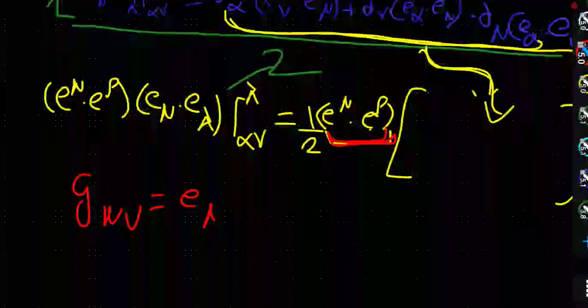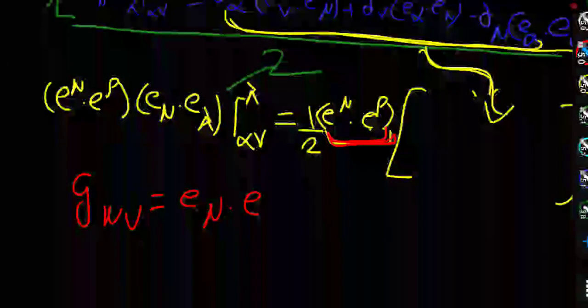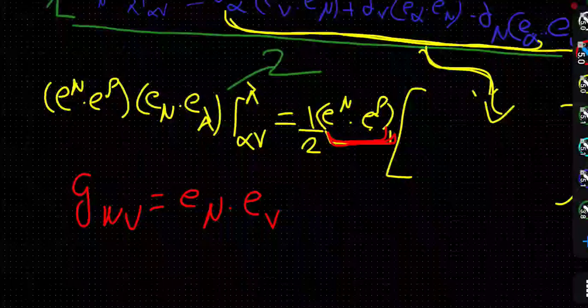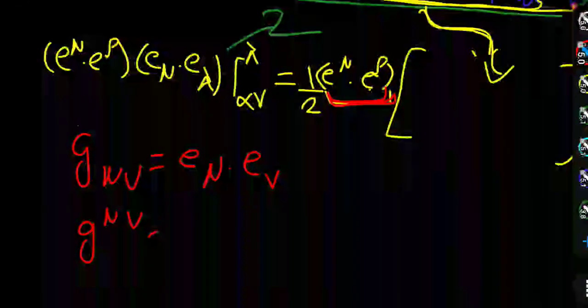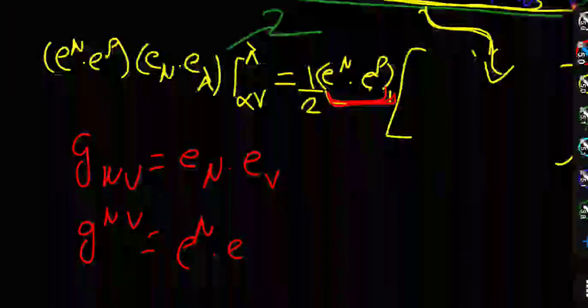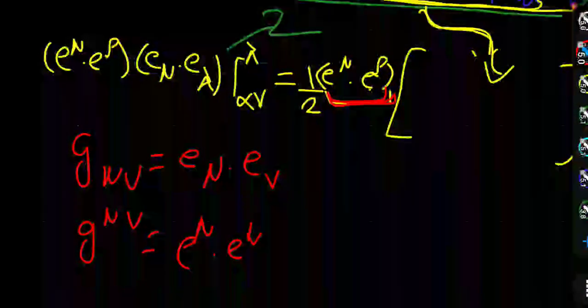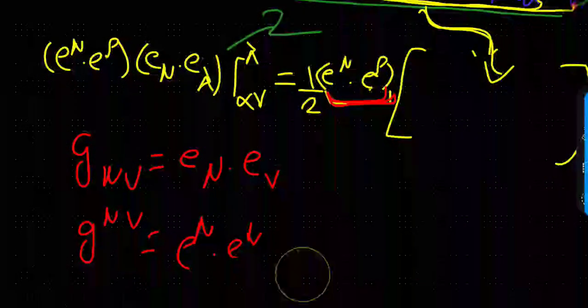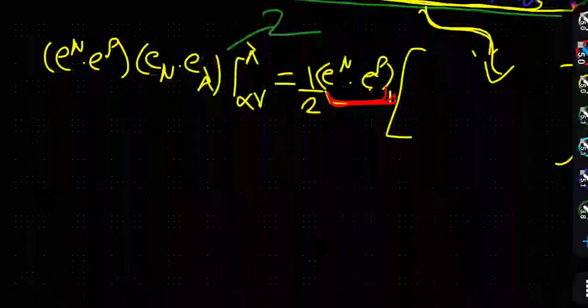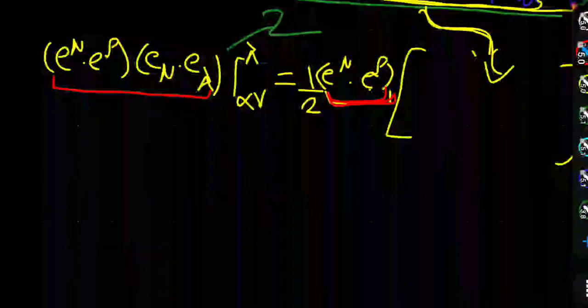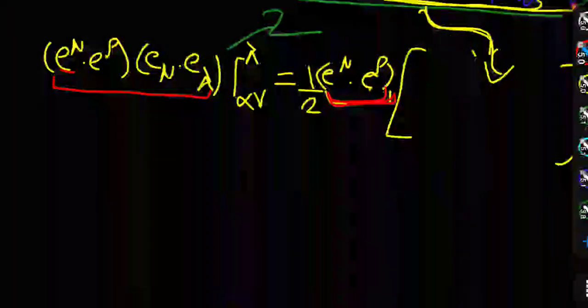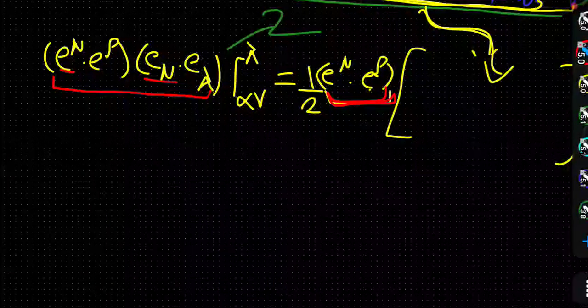It is just the dot product of E of mu and E of nu, and its inverse is defined as g upper mu nu equals E upper mu dot E upper nu. So this is just the inverse metric of the metric tensor. If you multiply this, this and this will become 1, and this and this will become 1, because they are the upper and the lower indices.